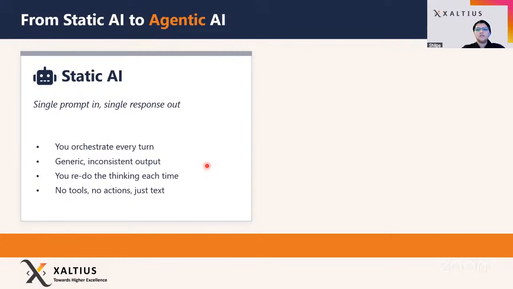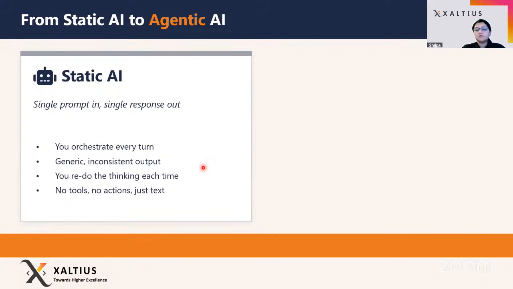This is probably where a lot of us are using AI today. You go to an AI tool, you type in a prompt, you get a response, you orchestrate every turn yourself. The output that you get may work, but it's probably generic. It's maybe inconsistent when you keep going back to the tool, because it doesn't really know your structure, so there may be some inconsistency there.